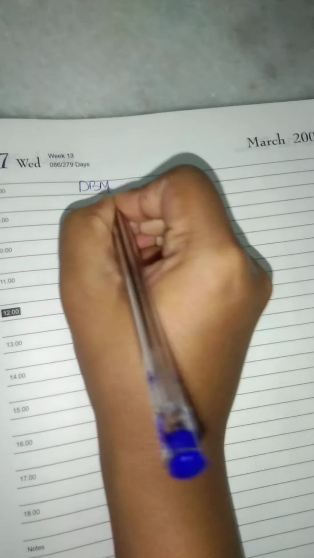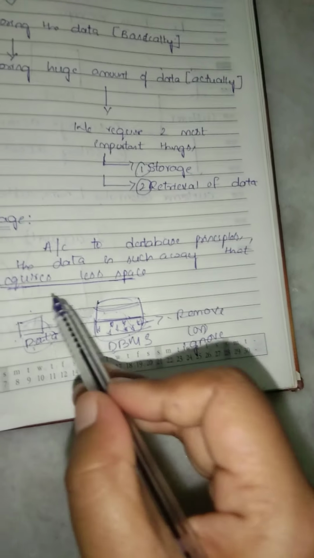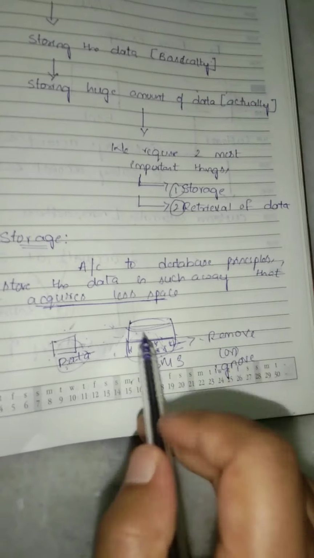DBMS has been introduced. So that's what I told: the redundancy of the data should be removed while fresh data is entered into the DBMS. To overcome this redundancy of data, DBMS has achieved popularity.